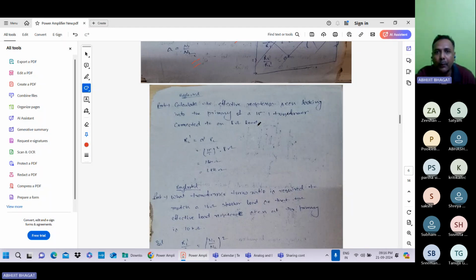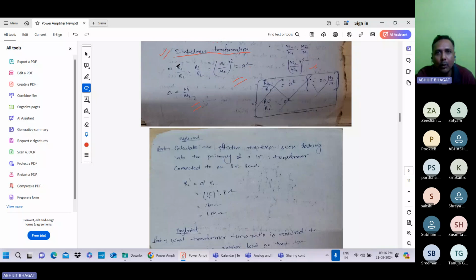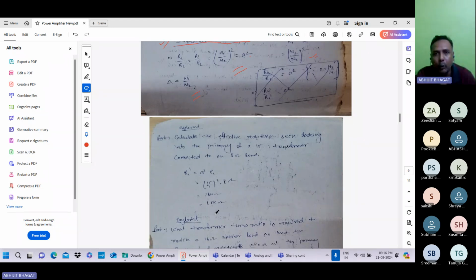You have to find out the effective load across the primary side. So RL dash is equal to A square into RL. You use this formula, RL dash equals A square RL. N1 by N2 equals 15 by 1, so 15 by 1 whole square into 8, and this is equal to 1.8 kilo.